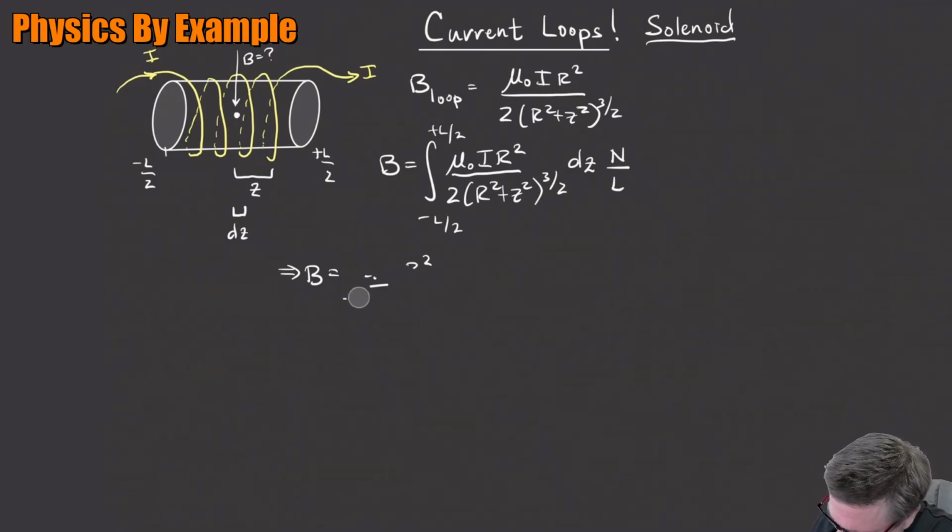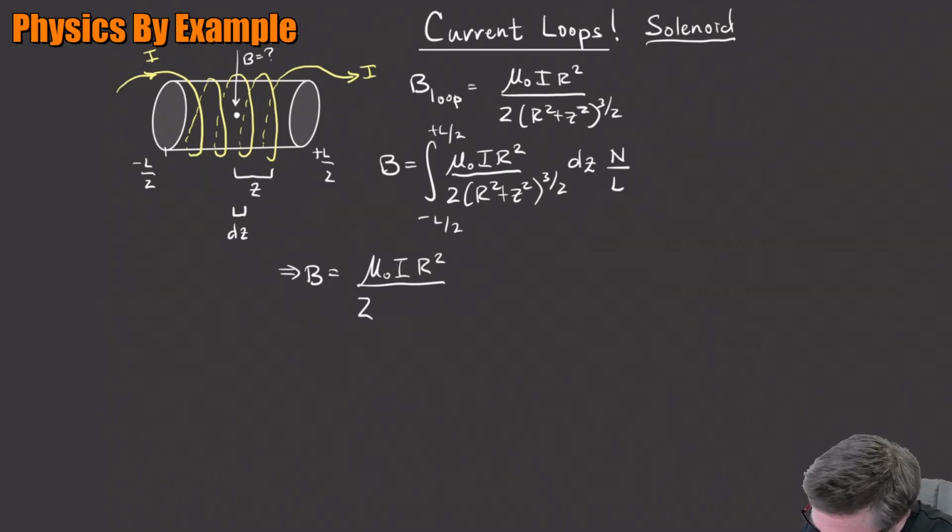I can't bring everything out. Don't bring out the r squared plus z squared, because z is changing. I can't do that. But I can bring out the L and the N.